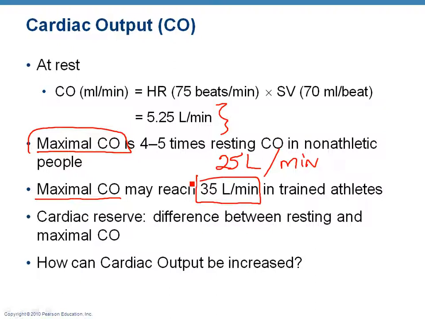Okay, now let's think about this. Why, if you are running a marathon, does your cardiac output need to go up? Well, what have you been learning about the function of your blood in terms of delivering things to all of the cells in your body, and its role in carrying away the wastes? If you are vigorously exercising, your skeletal muscles and other parts of your body as well need a whole lot more oxygen.